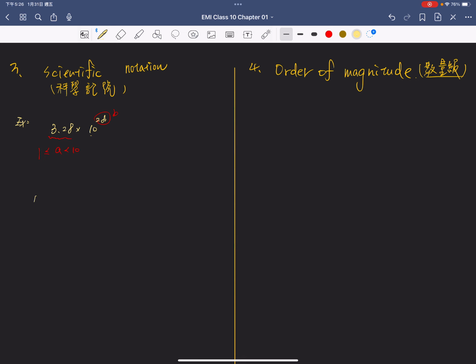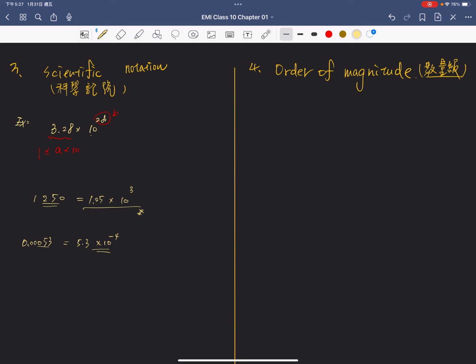You write it briefly as 1.25 times 10 squared. And if there is a float or double number, like 0.00053, you can write it briefly as 5.3 times 10 to the minus 4. This is the scientific notation.